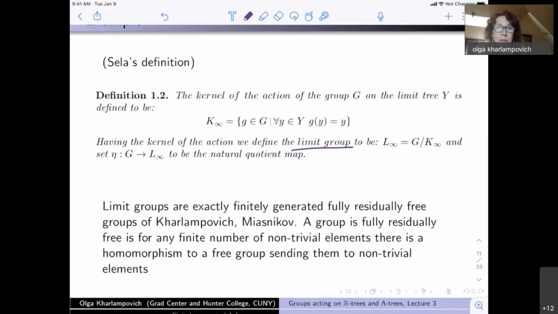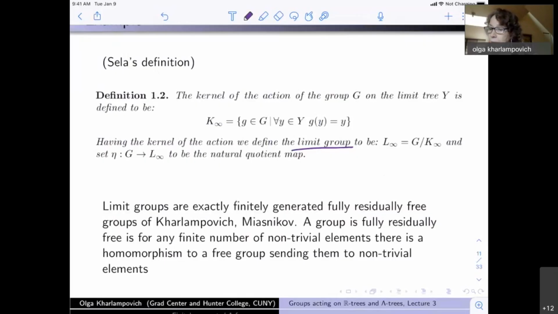And in commutative algebraic geometry, one has coordinate rings. Here, you have coordinate groups. So coordinate groups of irreducible algebraic varieties over a free group are exactly these limit groups. And this is how R3s appear in model theory of a free group. They appear there very naturally. R3s also appear in Thurston theory, but this model theory of a free group is closer to my interests.